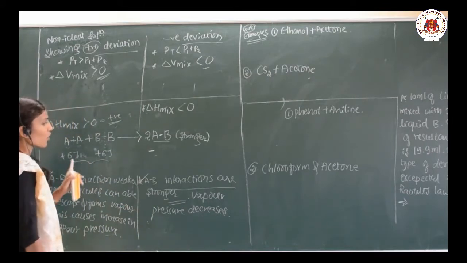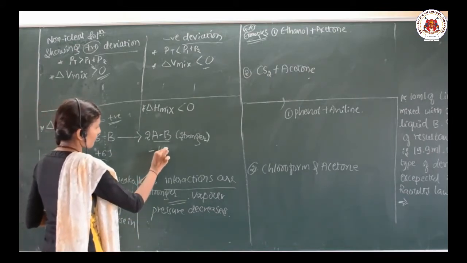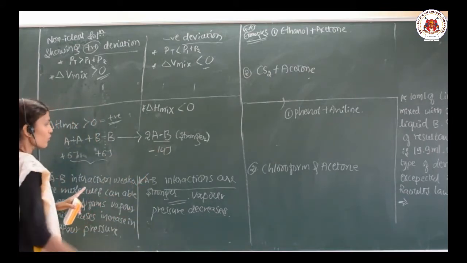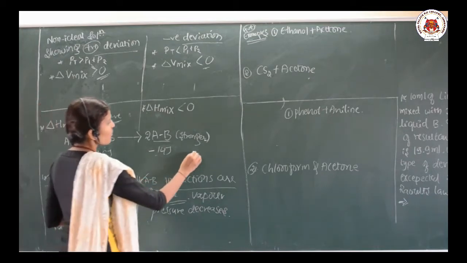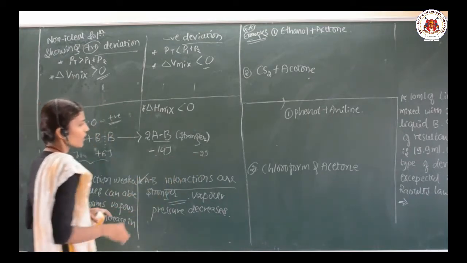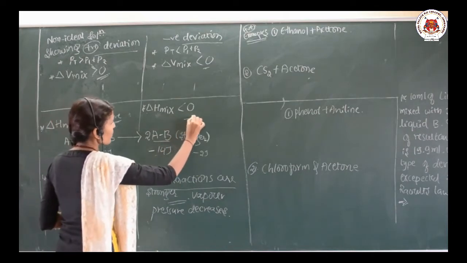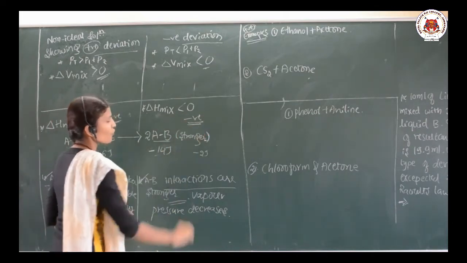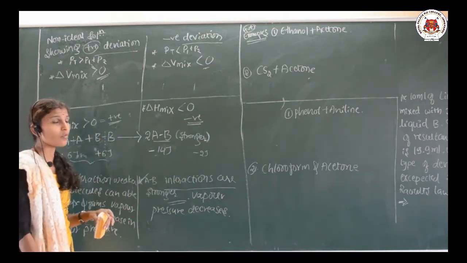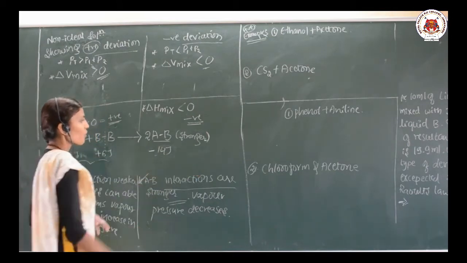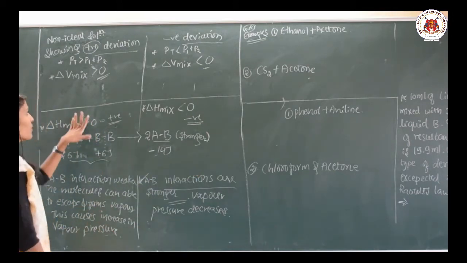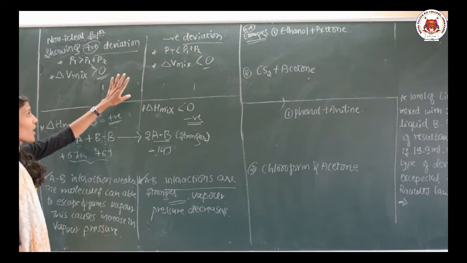Instead of taking 12, I am going to take 14 joules. So 14 minus 12 means minus 2 joules is the answer. It means delta H mixing is negative. So this is how we can explain the difference between the positive and negative deviation.